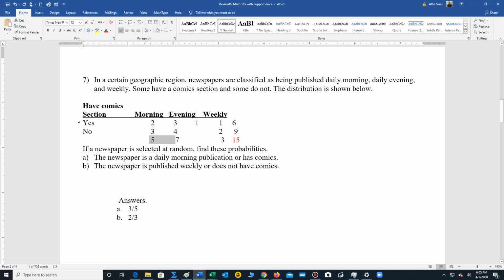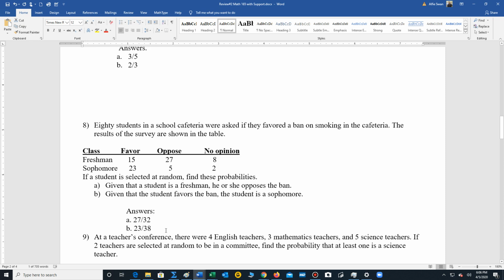A newspaper is published weekly or does not have comics. Well, weekly, there's 3 weekly newspapers. Does not have comics, there's 9. So 9 plus 3 is 12, but we have a 2 that we're overcounting. So 12 minus 2 is 10. So it's 10 out of 15, which reduces to 2 out of 3.